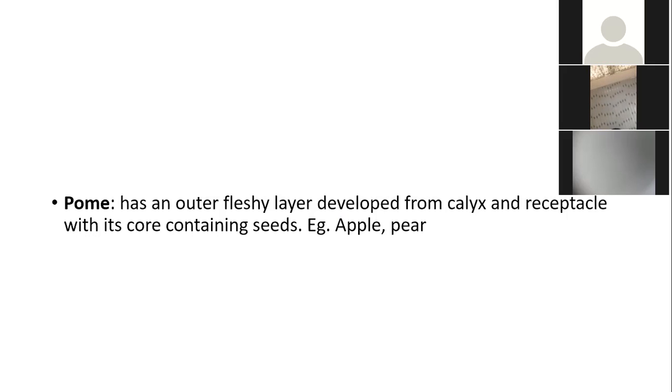So look at the apple. The seed is found at the core. That is the middle part of the fruit. Likewise the pear. So these two structures, the seeds are found inside or at the core, the middle of the fruit. But their layers persist from the calyx and the receptacle.